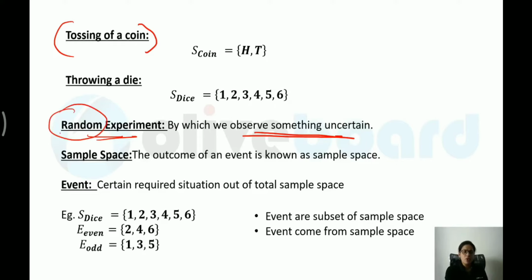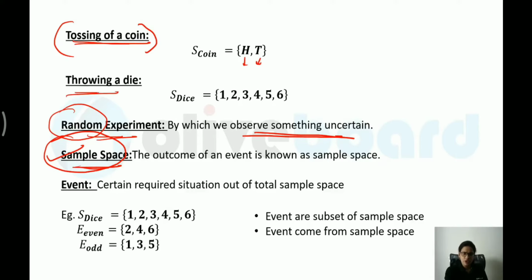When you are doing that random experiment, you are going to get some outcomes. Whatever outcomes you are going to get are called the sample space. For example, when I am tossing a coin, I am sure I am going to get two outputs. One can be head or there could be tail. There is no third output. So the overall sample space is nothing but the outcomes of the event.